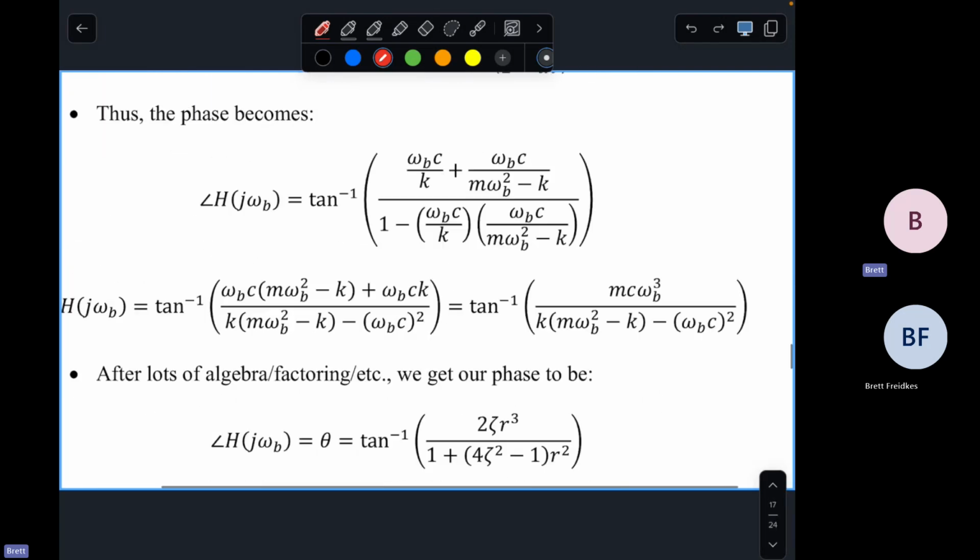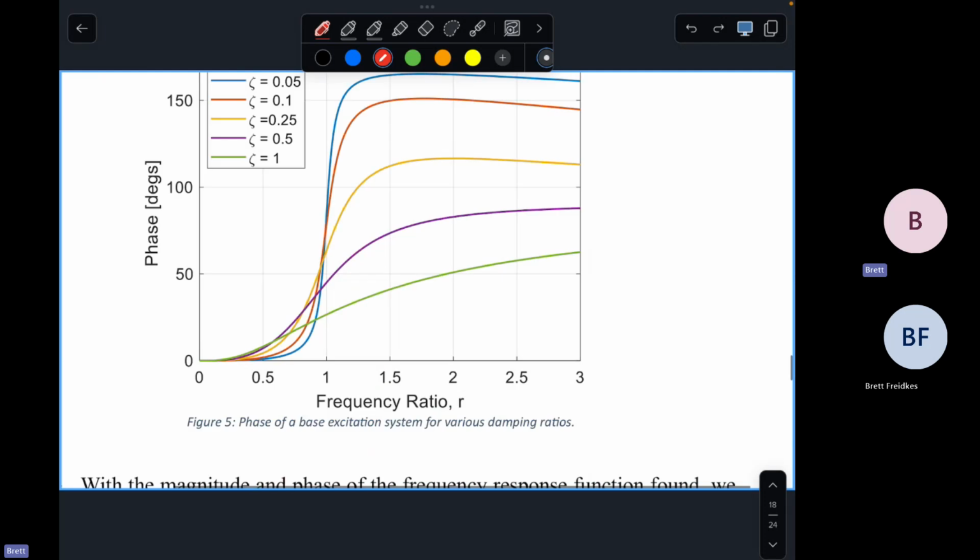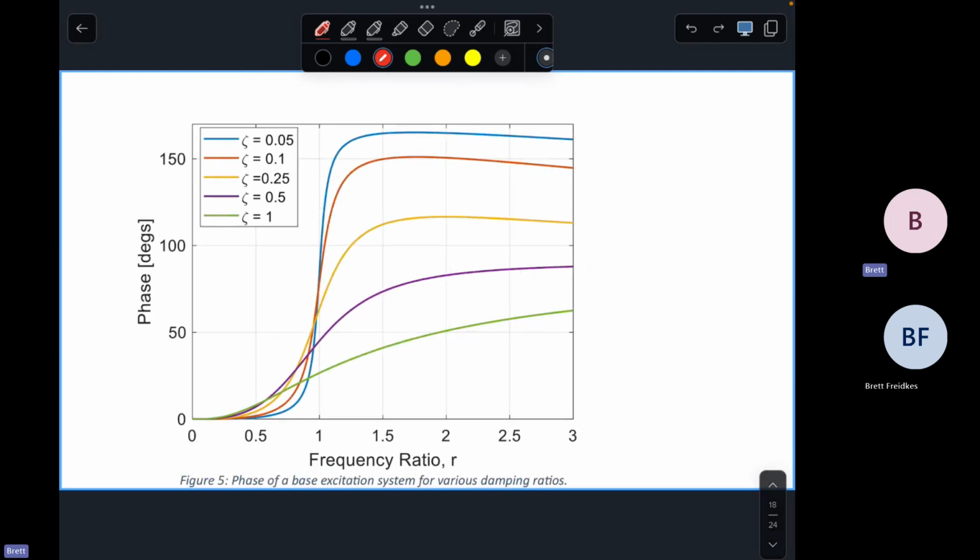Do the same thing with the phase. Again, a lot of algebra. Kind of similar to what we saw in the past. A little bit different is that if it was an undamped system, we would have this behavior where it goes from 0 to 180. That's the same type of thing ultimately for an undamped system.